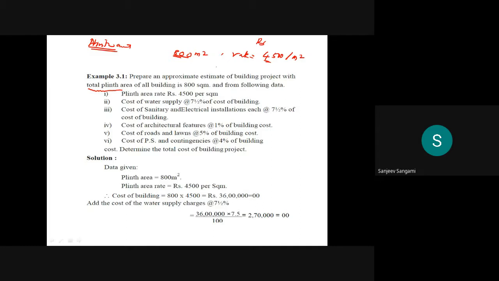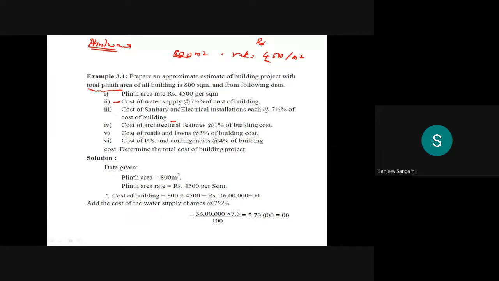Suppose you prepare an approximate estimate of around 10 lakhs or 15 lakhs, then 7.5% of that will be considered for the water supply. Then the cost of sanitary and electrical installations is 7.5% of the cost of the building. Then the cost of architectural features is 1% of the building cost. Then the cost of roads and lawns is 5% of the building cost.